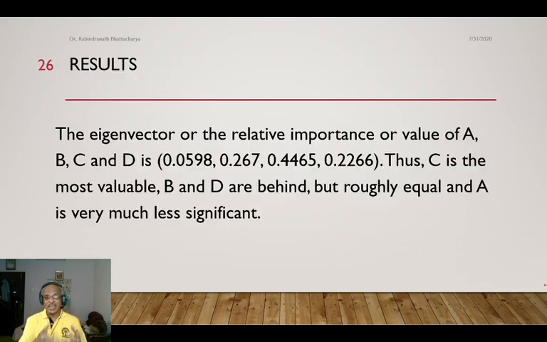Now, this eigenvector gives the relative importance of A, B, C, and D. So I can say A is 5.98%, B is 26.7%, C is 44% important, and D is 22.66% important. So C is the most valuable, B and D are behind but roughly equal, and A is much less significant.